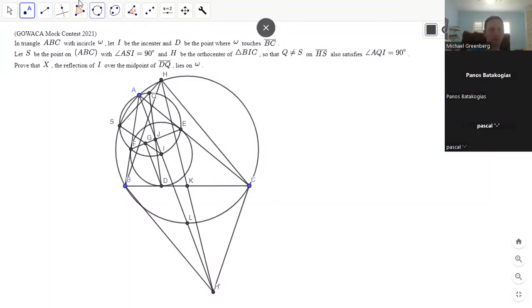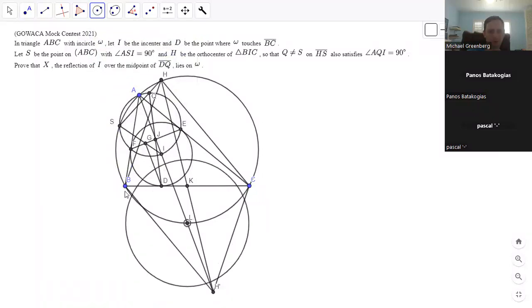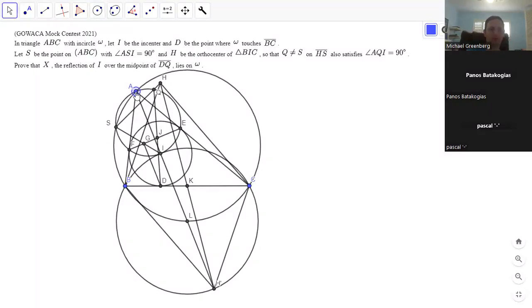So like that. It's basically, the problem is saying that we want to show that QFDE is a parallelogram, because apparently the midpoint of DQ lies on EF. Oh, but it's not necessarily the midpoint of EF, so that's not true. That it's a parallelogram.